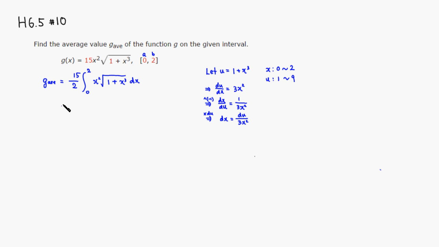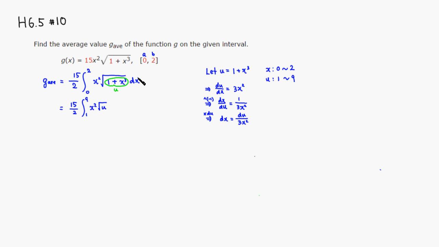Right, so this is going to be equal to 15 over 2, and the integral is going from 1 to 9. Then I'm going to leave x squared as it is. Then we decided to call this expression inside the square root u, so it's going to be square root of u.